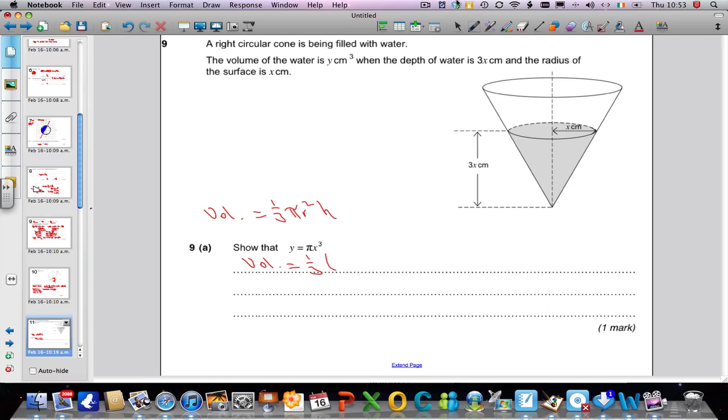1/3 times pi times the radius, which is x, squared, times h, which is 3x.